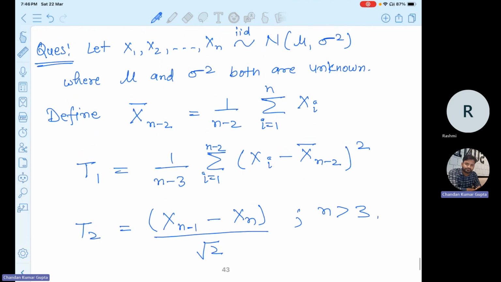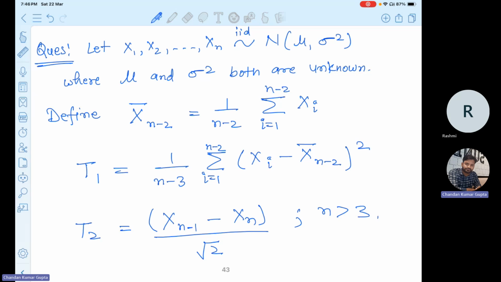We have IID random variables which follow the normal distribution with mean mu and variance sigma square. We define x n minus 2 bar, which is 1 upon n minus 2 summation of xi from 1 to n minus 2. We also define the statistic T1, which is 1 upon n minus 3 summation over i from 1 to n minus 2 of (xi minus x n minus 2 bar) whole square.